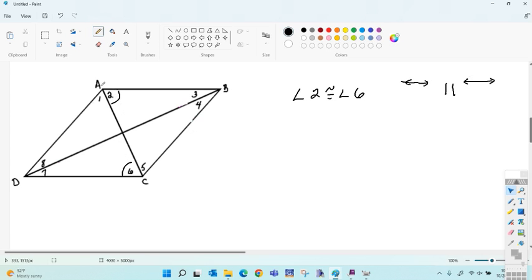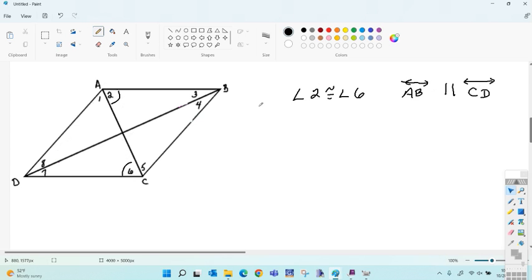Well, A is not an entire line. Are you thinking about AB or AD? AB. So line AB is parallel to line CD. So these two being congruent, this is the transversal, connecting this top one and this bottom one.